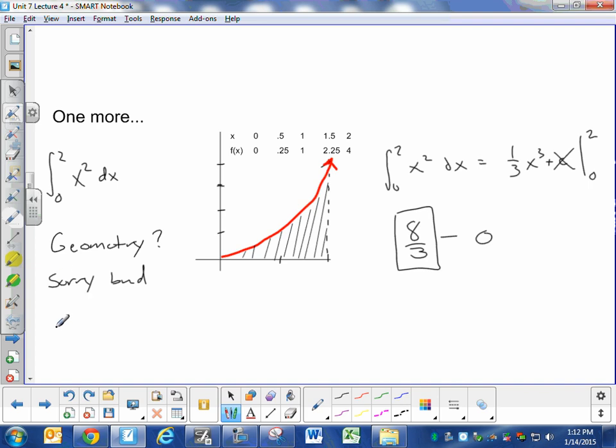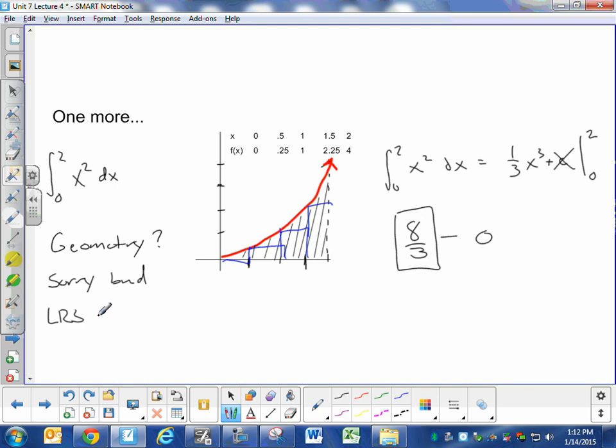Let's do a left Riemann sum. 0.5, 1, 1.5. A left Riemann sum would be under or over my actual area? Under. Okay, let's see. We'd have a 0, and then a 0.25, and then a 1, and then a 2.25.